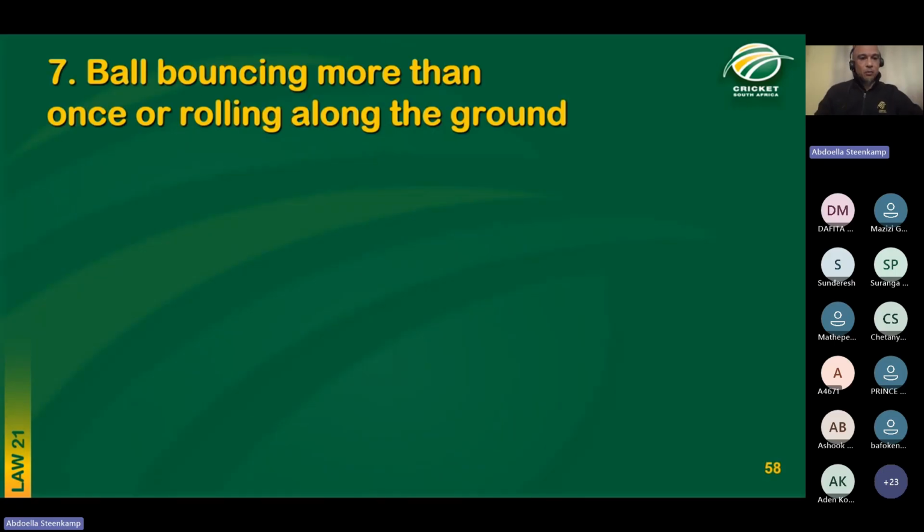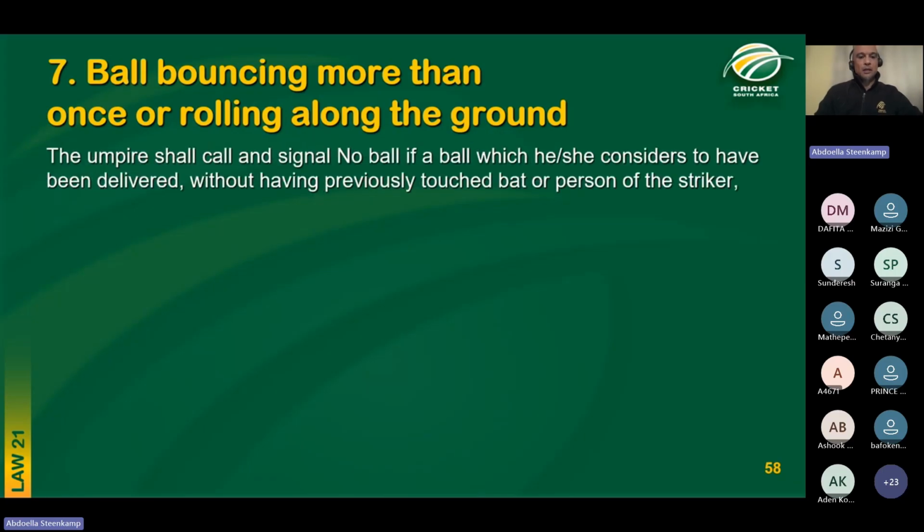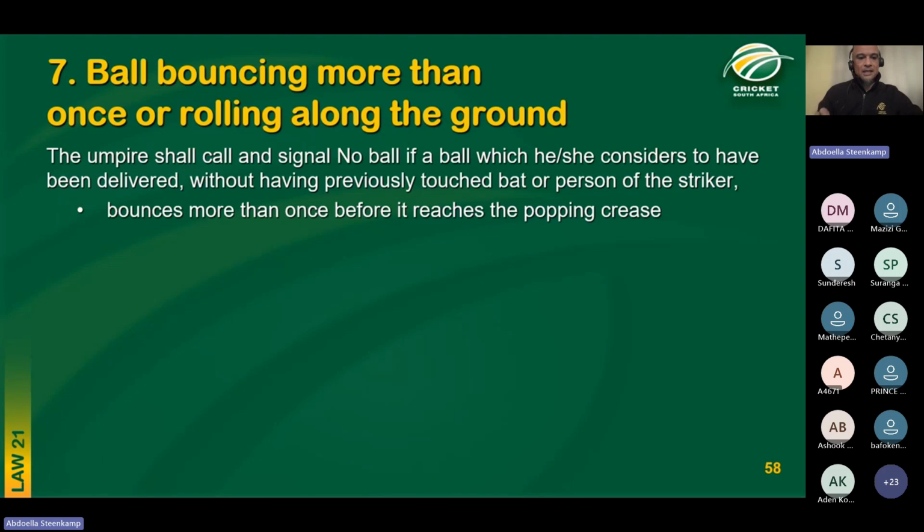We're still under the no ball law. What happens if a ball bounces more than once or the ball rolls along the ground? The law wants the umpire to call and signal no ball if the umpire considers that the ball bounced more than once. Not more than twice, not 3 times, not 4 times.